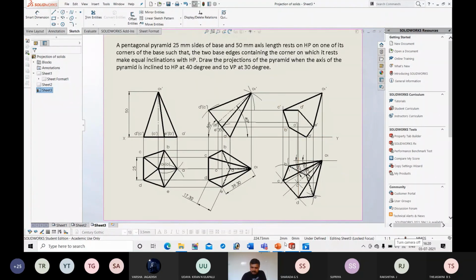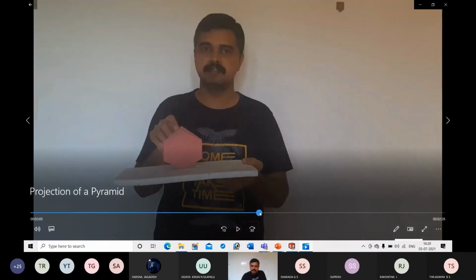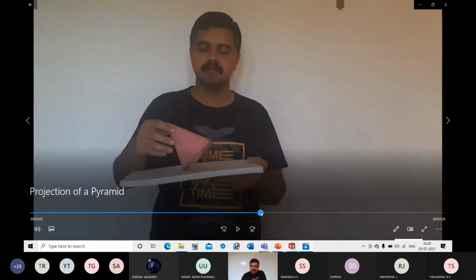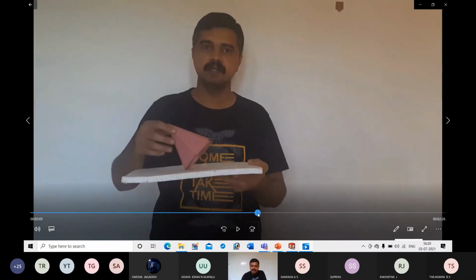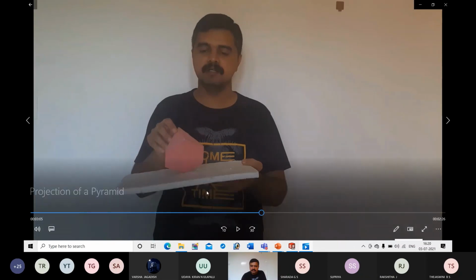Next, last position means, so here like this. In order to satisfy the inclination with VP, now I am rotating like this. Now you can see base is visible to you, whereas apex is far up and it will become invisible for you. That is the meaning. You are looking from front. From front, now base you can see. Apex is invisible.